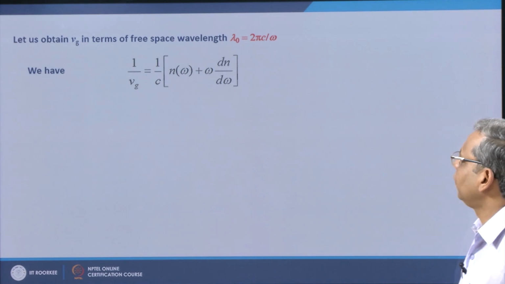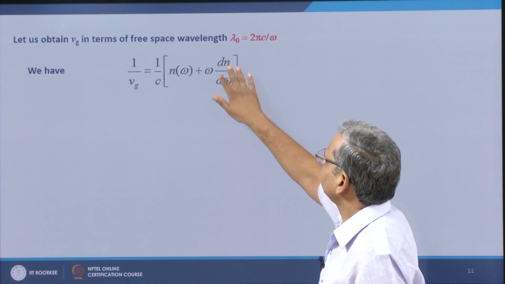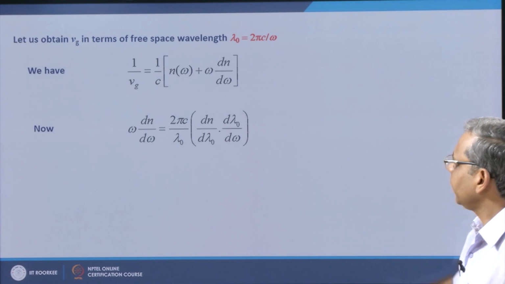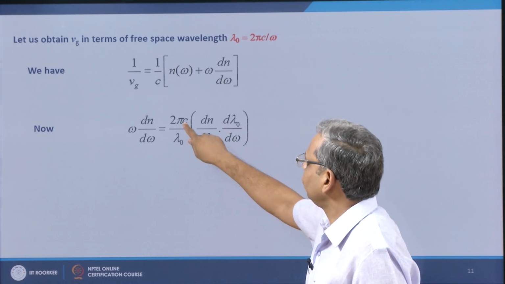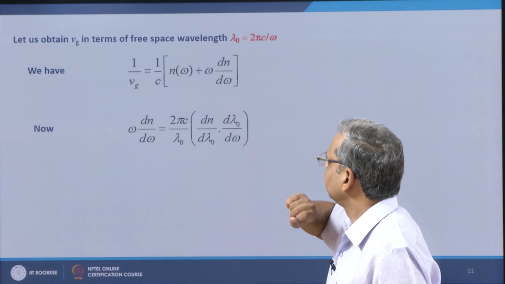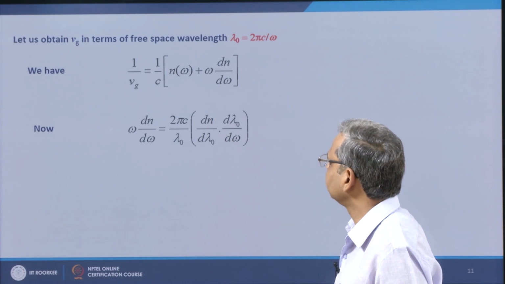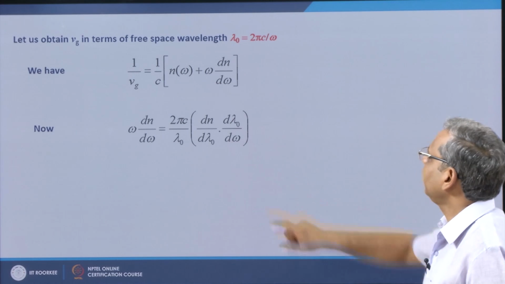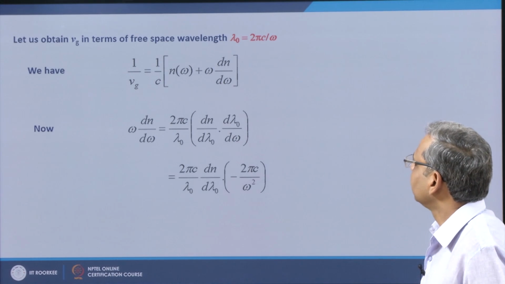So, now let me find out this omega times dn over d omega in terms of lambda. Omega times dn over d omega would be 2 pi c over lambda naught times dn over d lambda naught times d lambda naught over d omega, and lambda naught is given by this.